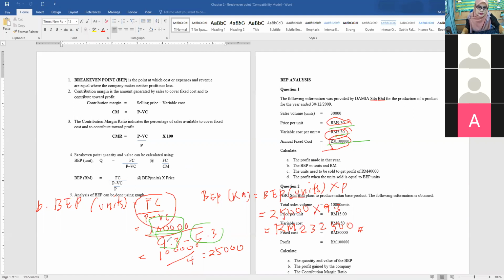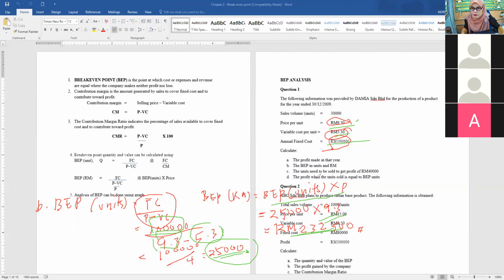So 100,000 divided by 4, so you will get 25,000. So break-even point in RM equal to break-even point in units times price. So the answer that you got from break-even point in units, just times price per unit. So you will get 232,500. Okay.